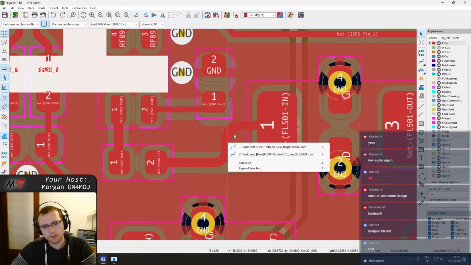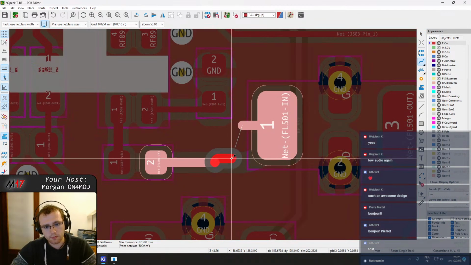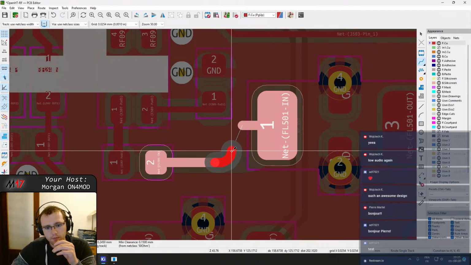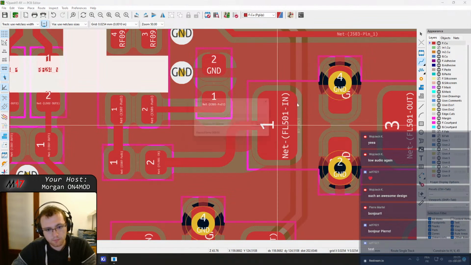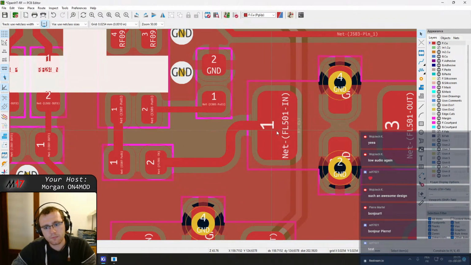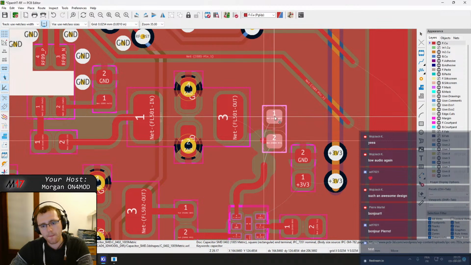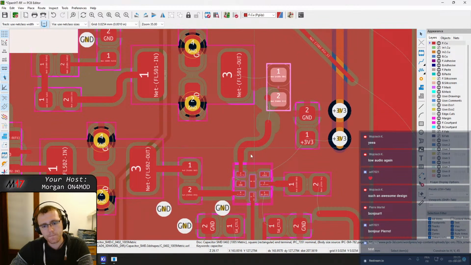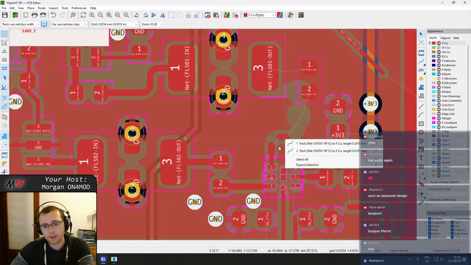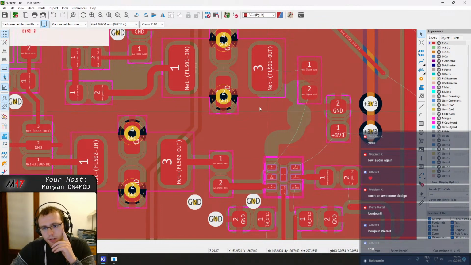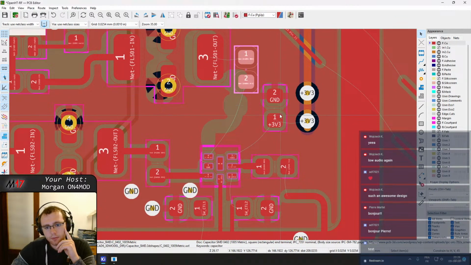Oh wow, this isn't good. Okay. So yeah, it's a bit of trial and error trying to place things until we have something that we can, let's say, agree on.